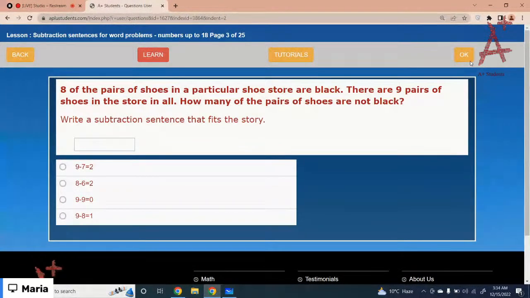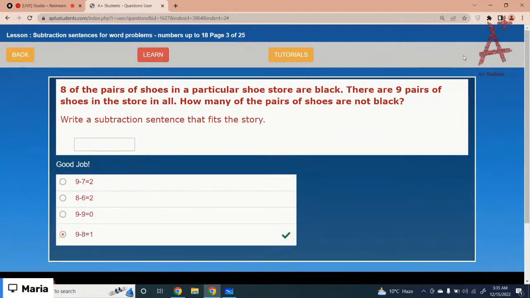And 9 take away 8 equals 1. Got it? So just select the correct option, then click on the OK button.